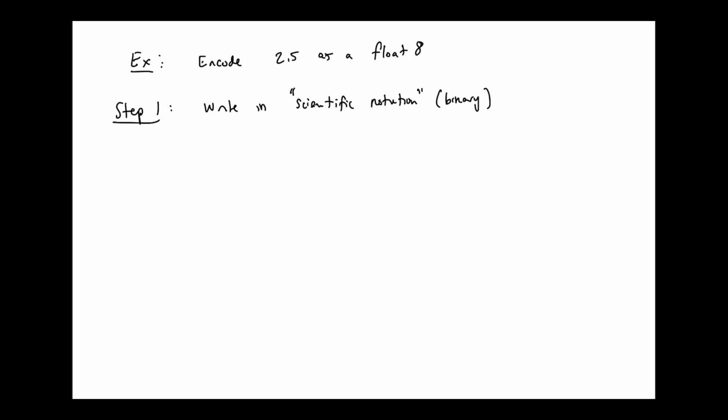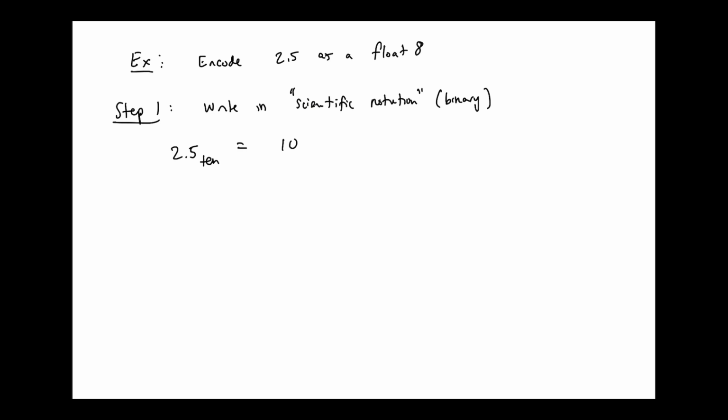Okay, so how do I write 2 in binary? Well, first off, it depends on how many bits we're going to use, right? So for this step, let me not worry about how many bits we're going to use. Let me just write it down, and then we'll fit it into a specific number of bits in a minute, okay?